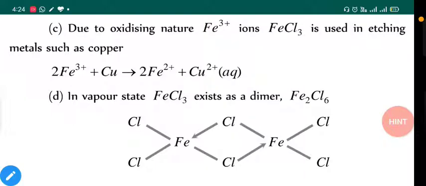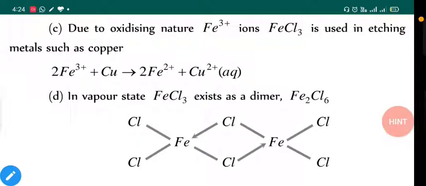The simple reaction is Fe plus 3 with Cu gives Fe plus 2 and Cu plus 2. So this aqueous Cu plus 2 is converted from the surface, and we can get grooves on the surface of metallic copper because these metal atoms are converted into aqueous Cu plus 2.